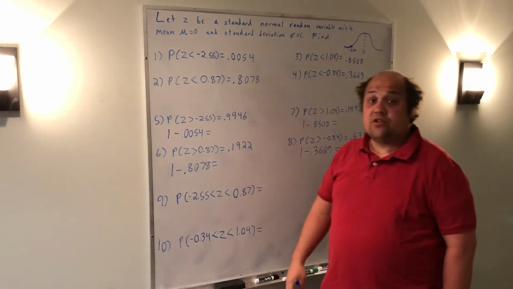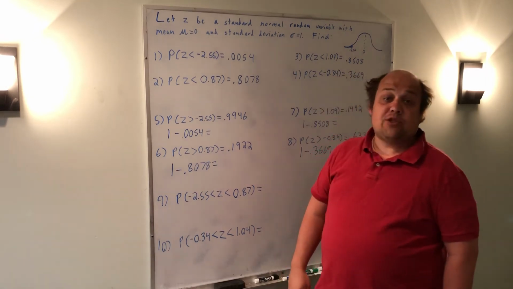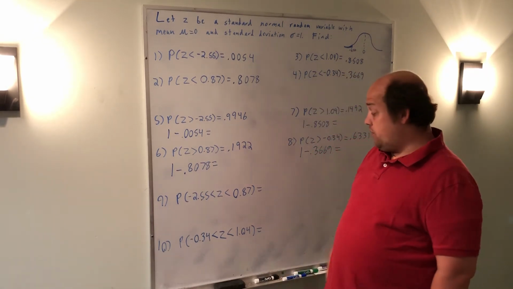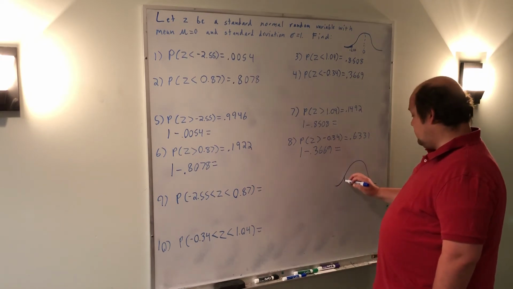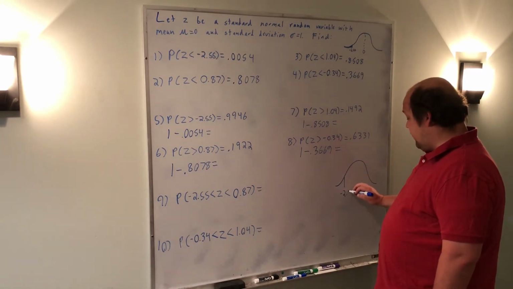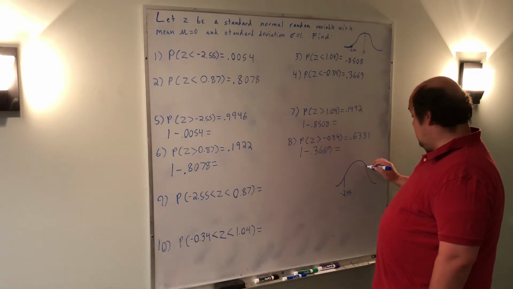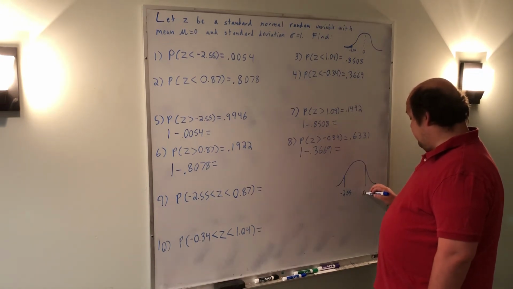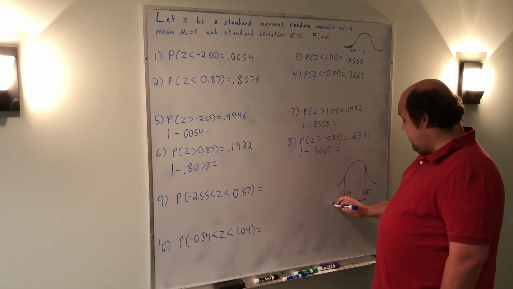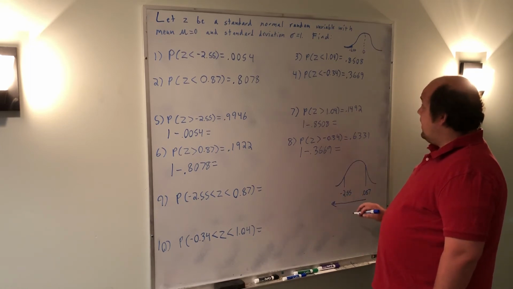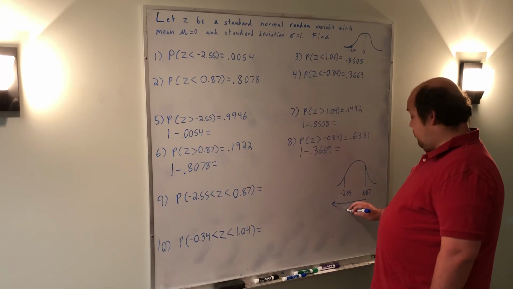Last way we're going to have to understand the table is finding between numbers. So what between's really asking me to do is graphically, here was negative 2.55, here was 0.87. We know from 0.87 back to the end of the earth has probability 0.8078.